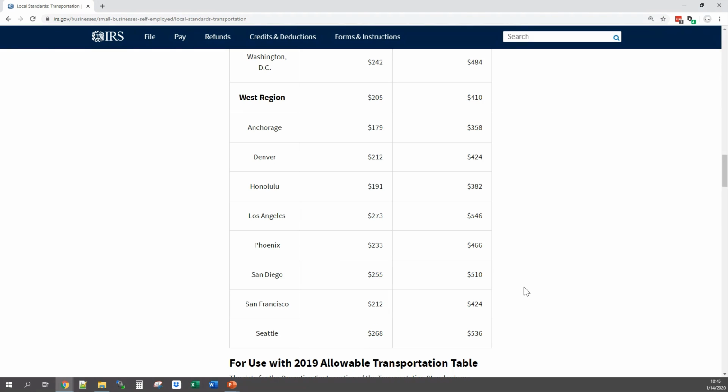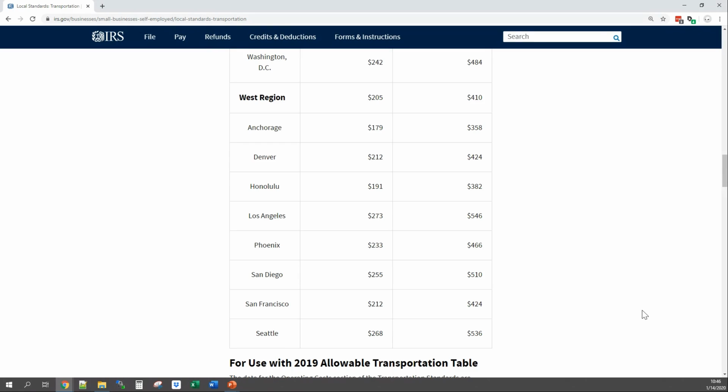Now, a brief word on this before our next polling question. Under the Financial Analysis Handbook, under the application of these standards, the vehicle operating cost standard is a lesser of standard, okay?